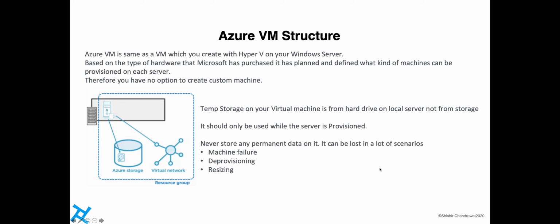Because if I create a machine and you create a machine, you use your heart's desire, I use my heart's desire, what's going to end up is that the physical server which they have purchased for a certain amount of money, and they expected that they will be able to create say around 40 VMs on it, suddenly you and I created some stupid VMs, and now they cannot create 40 VMs, they can only create 32 VMs on it, because we used some extra storage or some extra RAM from the server, and this ruins the calculation which they had in their head.